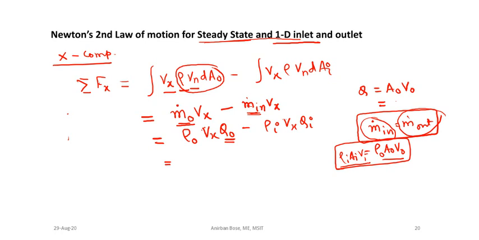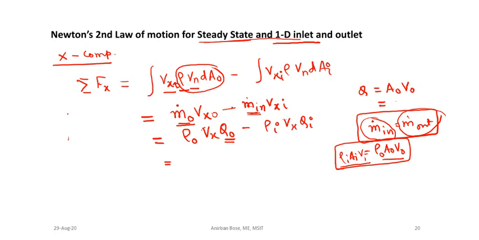Okay, so what you can do is that here this quantity is Vx. You can write this as Vxo, and you can write this as Vxi. I think in that way these two can be distinguished. Right, this is Vxo, this is Vxi.